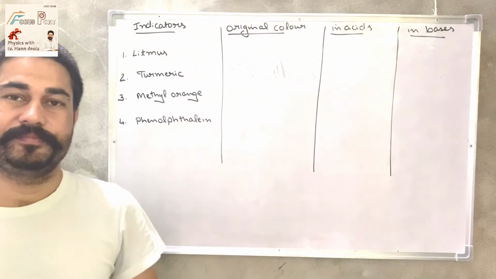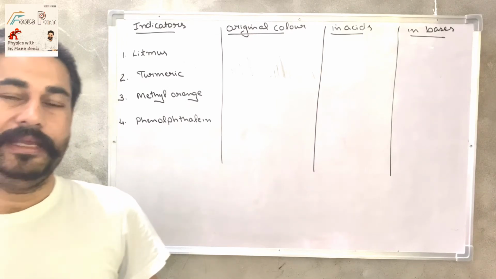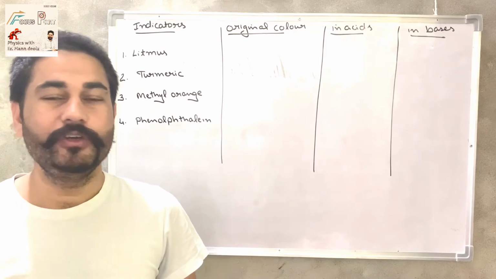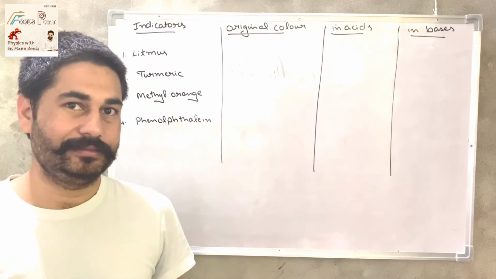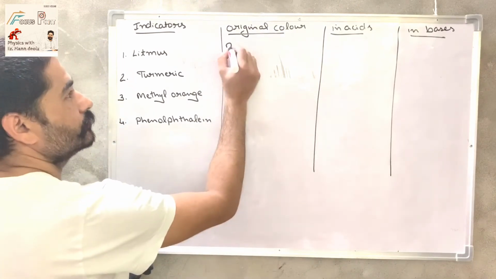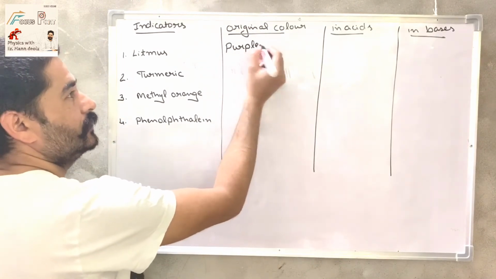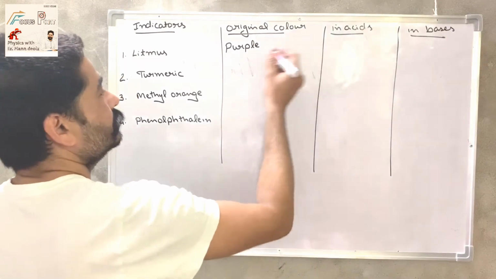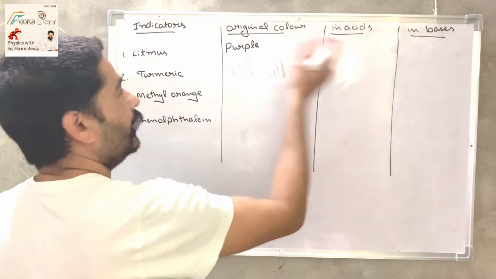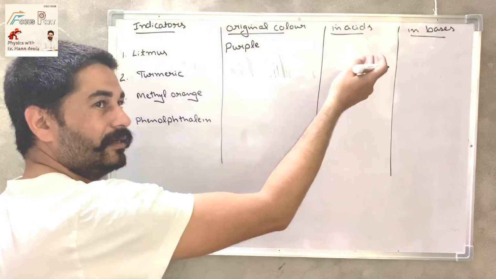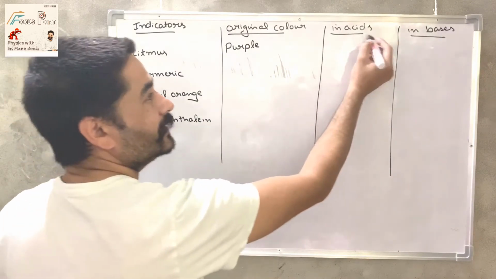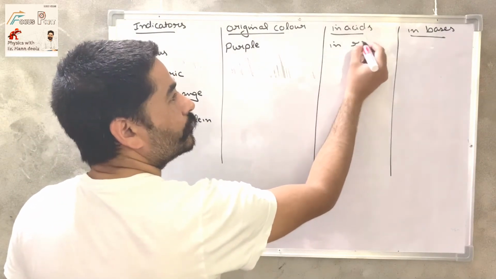First of all, litmus is present in two forms, red litmus and blue litmus. If litmus is taken alone, its color is purple, and in acid it will change its color from purple to red. If it is blue, then blue to red. If it is red litmus, then red will remain red. Ultimately, the final color will be red.